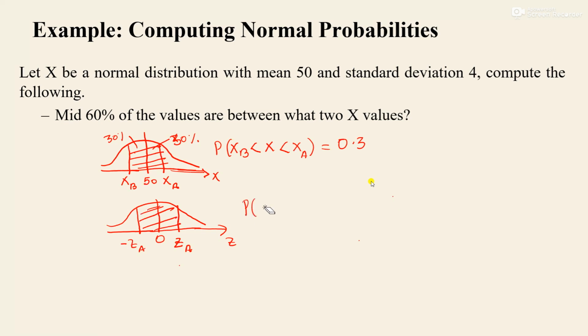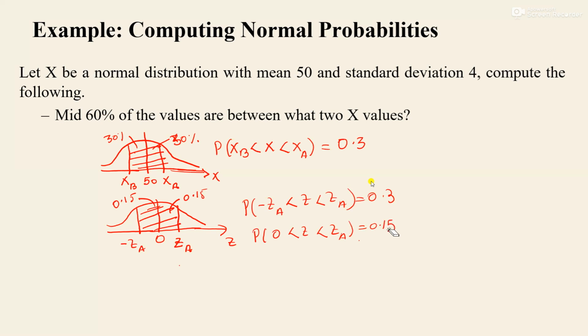The probability of minus ZA less than Z less than ZA equals 0.30. Right? So now here we know that this area is 0.15 and this area is 0.15. From this one, we can write probability of 0 less than Z less than ZA is equal to 0.15.